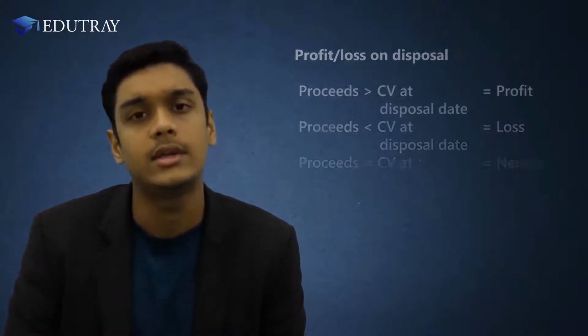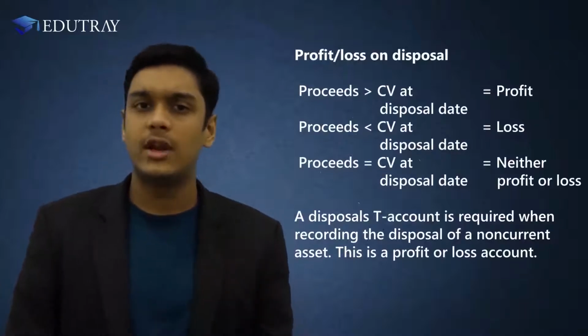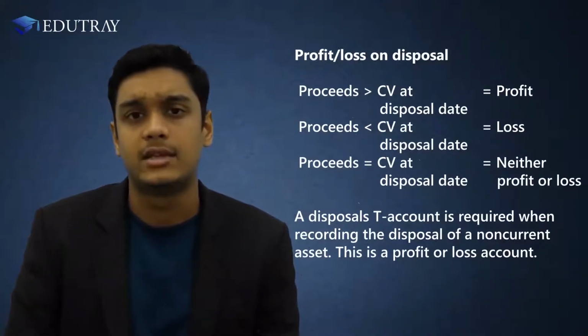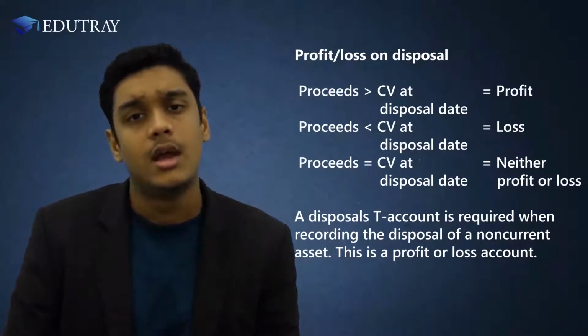Obviously, if we are selling an asset, we should record it, just like when we purchase an asset, we record it. However, the most important thing that we have to calculate in a disposal is the profit or loss on disposal. Now guys, let's say my net book value is $10,000. I have an asset worth $10,000.